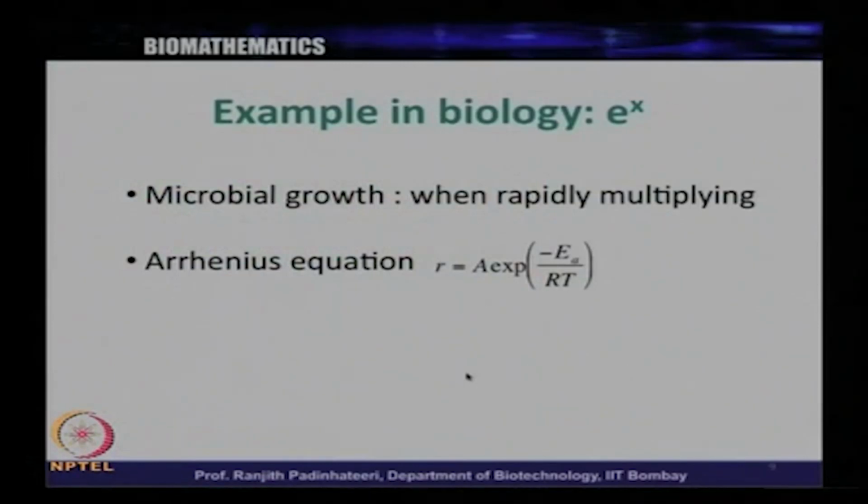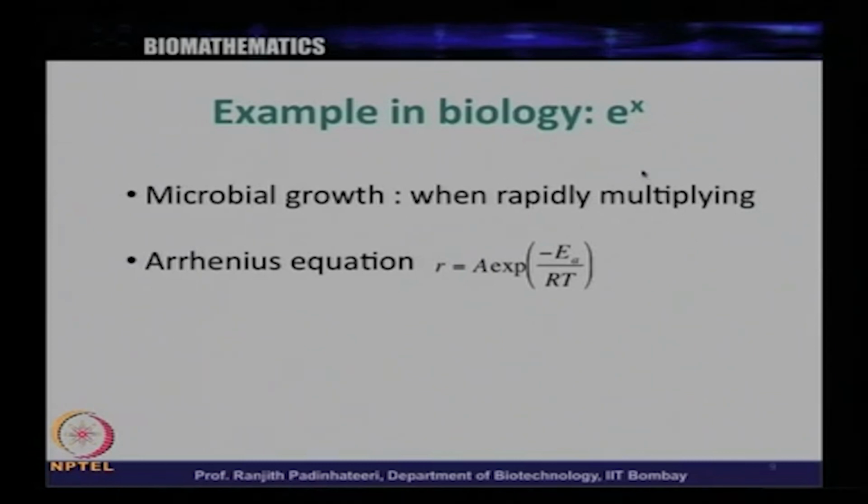When rapidly multiplying microbial, bacterial cells, for example, or yeast cells, we call it exponential phase or exponential growth. Sometimes it is also called a log phase. In the log phase, things grow exponentially, and why we call it log phase, we will come to that later.